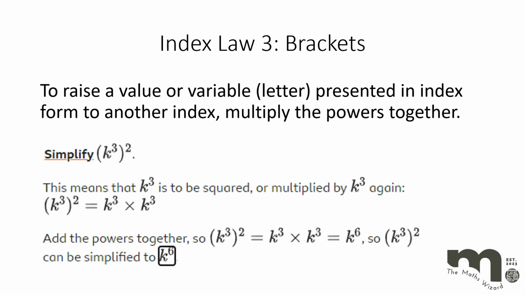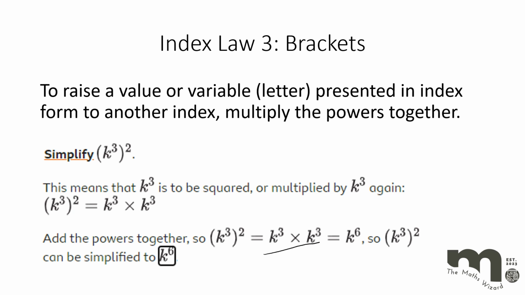So our next index law is brackets. On this one, you can see it says to raise a value or variable that is presented in index form to another index, you need to multiply the powers together. So what this means here, when we've got k to the power 3, to the power 2, you can see down here in the writing, that means k to the power 3 times k to the power 3.